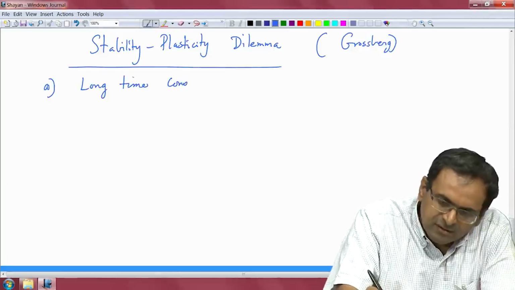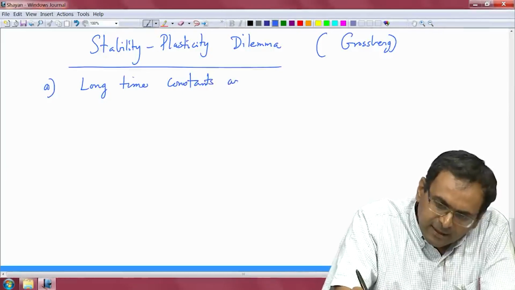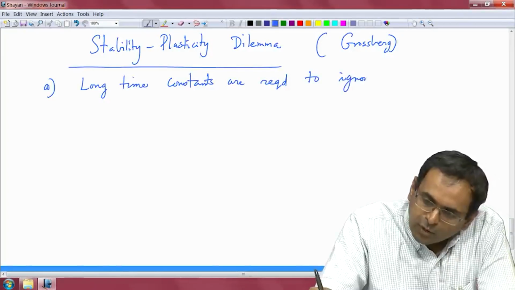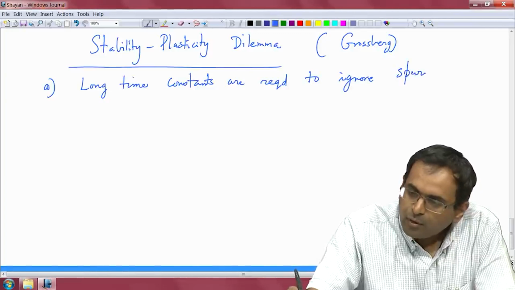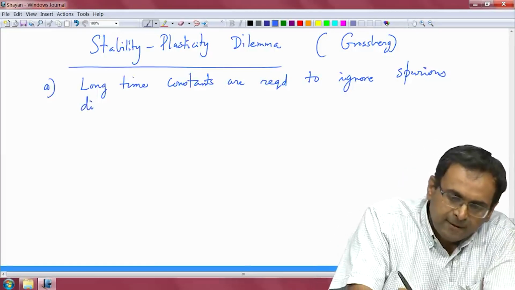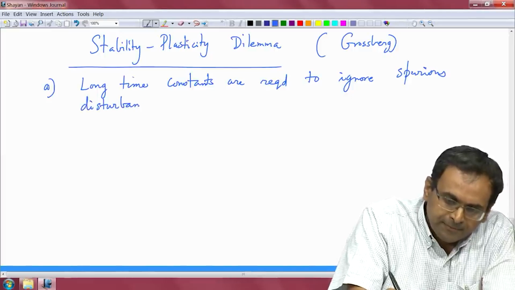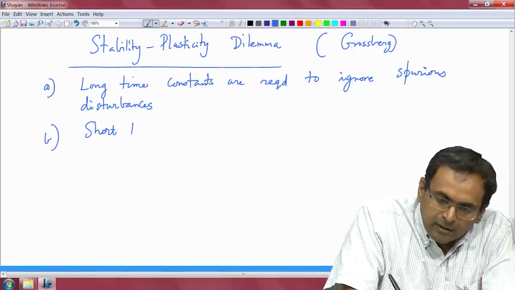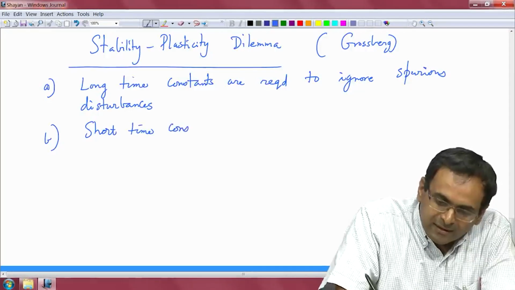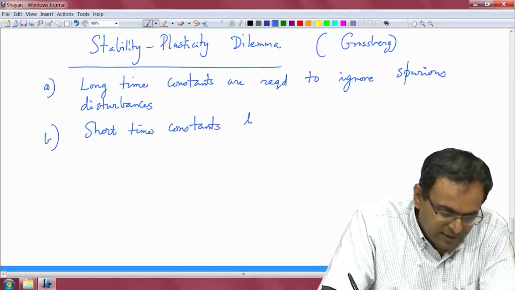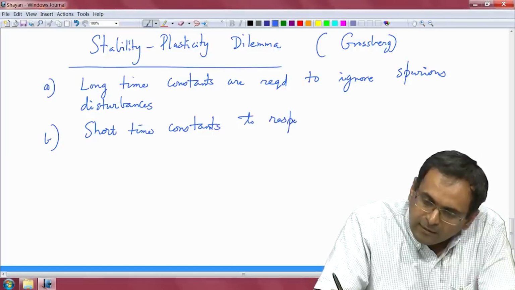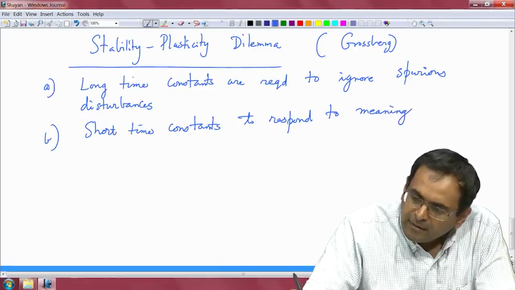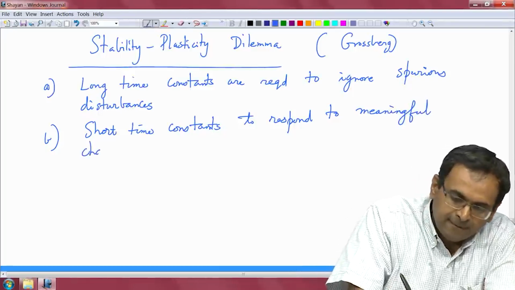Long time constants are required to ignore spurious disturbances. At the same time, you need short time constants to respond to meaningful changes.